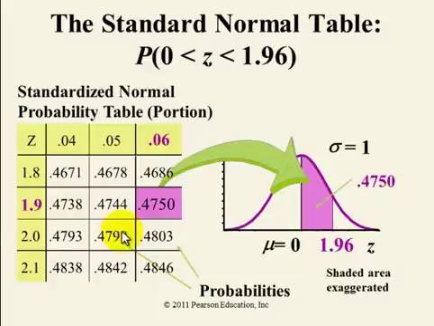So in the table in the book, the table will give you the area to the right of 0. And since it's symmetric, it's also giving you the area to the left of 0.